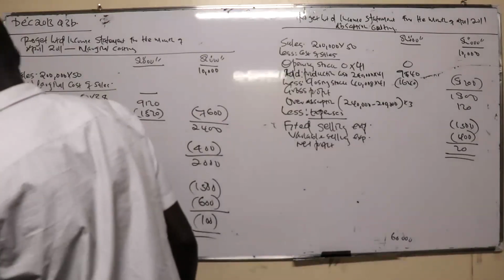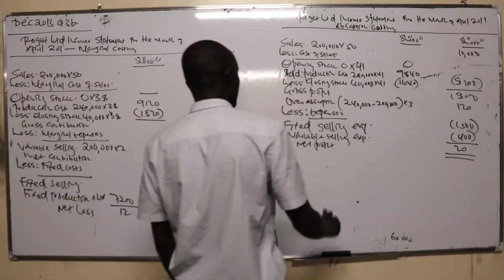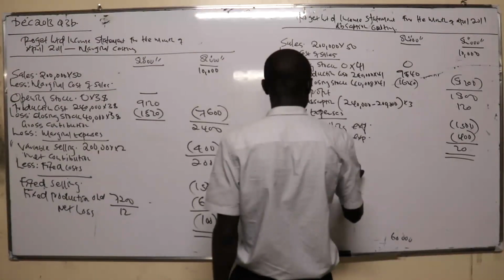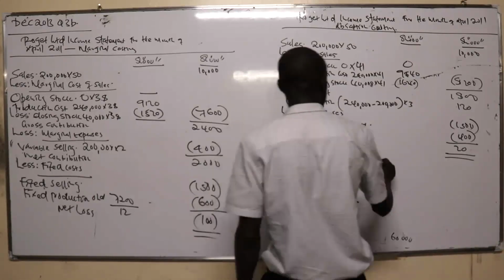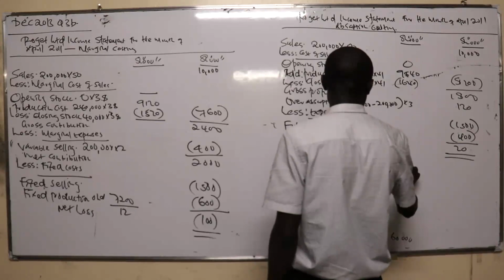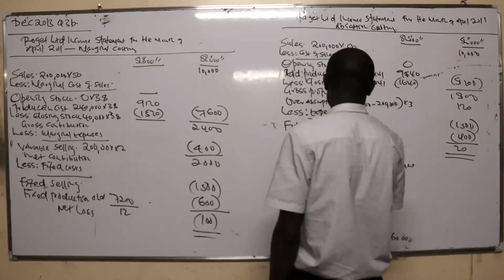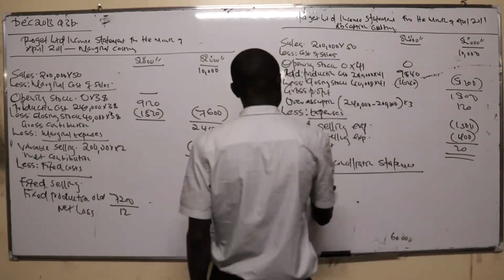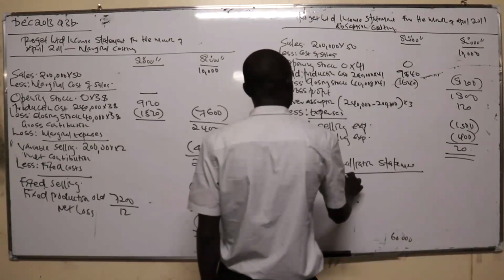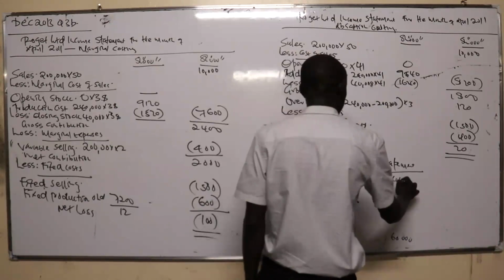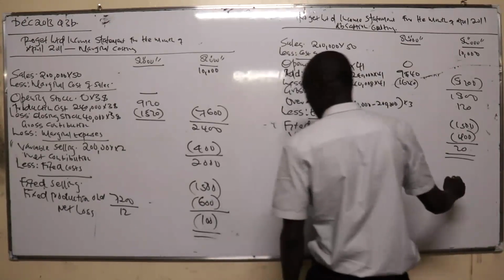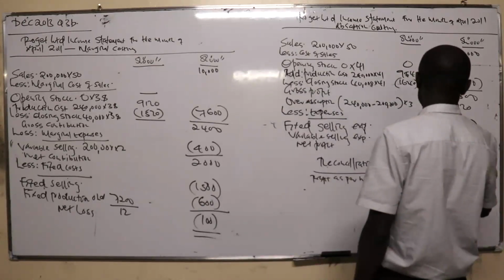Some questions require you to reconcile. So this is how you make a reconciliation statement. So you take profit as per marginal costing, which is negative 100.